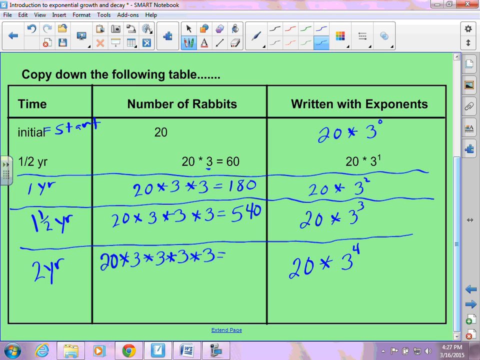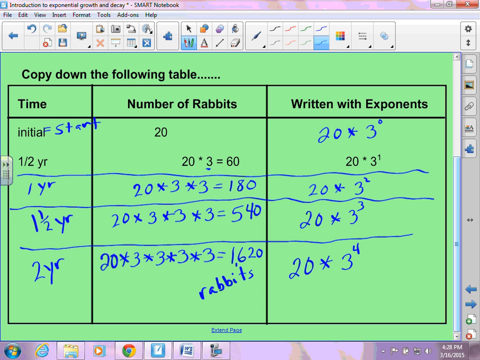And if I do that and multiply 540 then by 3 because it tripled, I end up with 1,620 rabbits. Okay, so there's 1,620 rabbits, which of course can cause a problem.